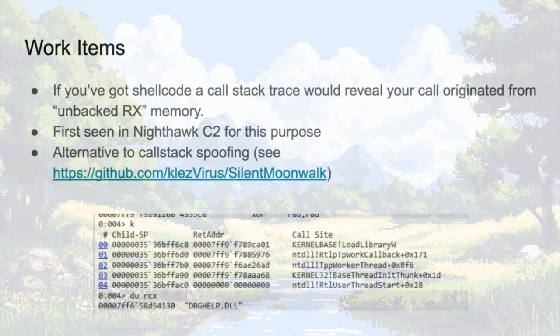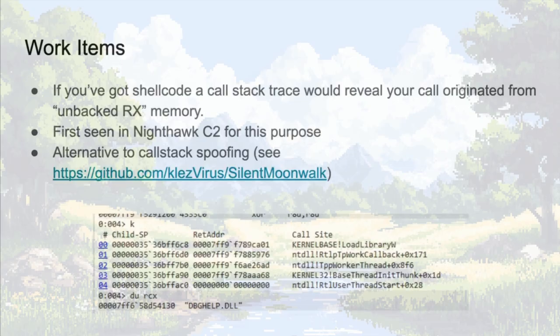If we look below at what I mentioned earlier, work items are essentially just a thread pool, and we can queue these work items to this thread pool. Within this thread pool, these threads have a clean call stack, as they're a thread pool implemented within kernel32 and NTDLL.